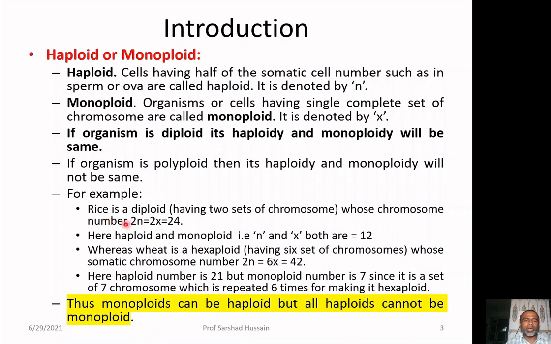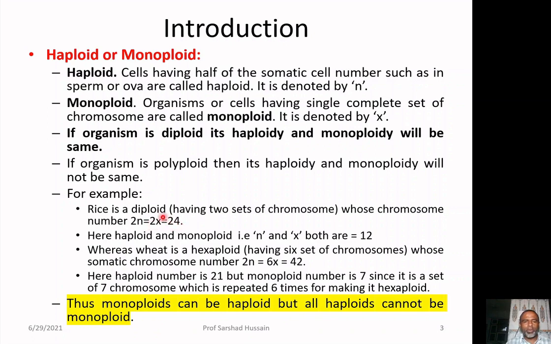For example, you are having a rice which is diploid. So, diploid means having two sets of chromosome. So, rice is having two set of chromosome, that is 2n is equal to 2x is equal to 24.